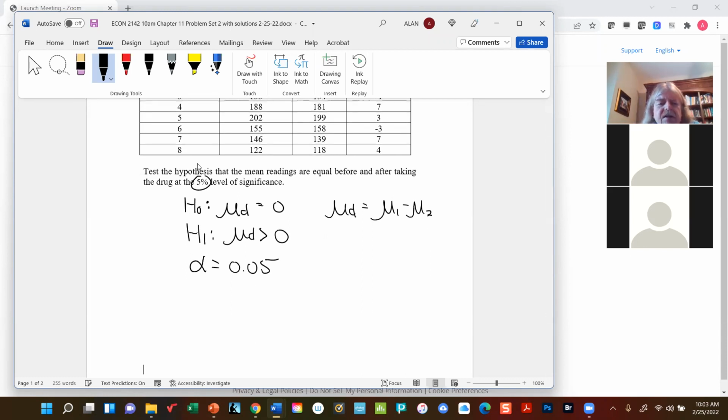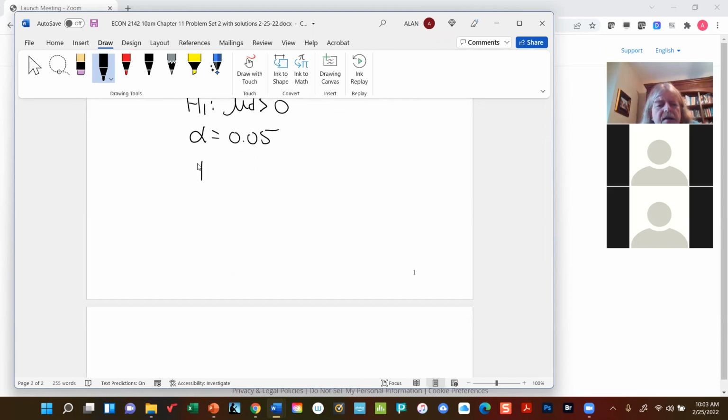Remember, the test statistic is a little different than what we're used to seeing. t equals d bar over s_d over radical n.